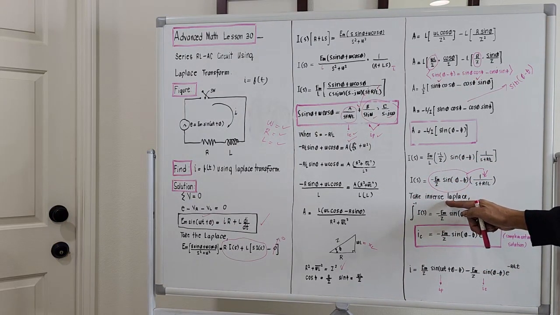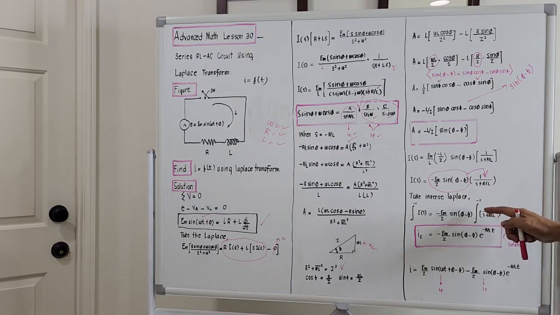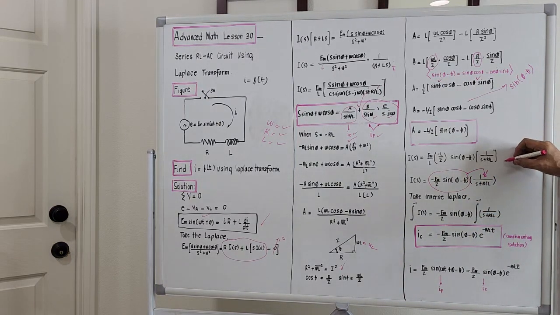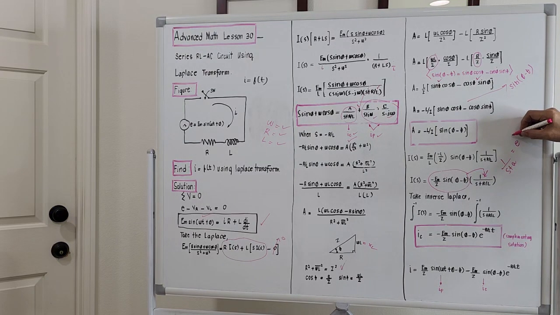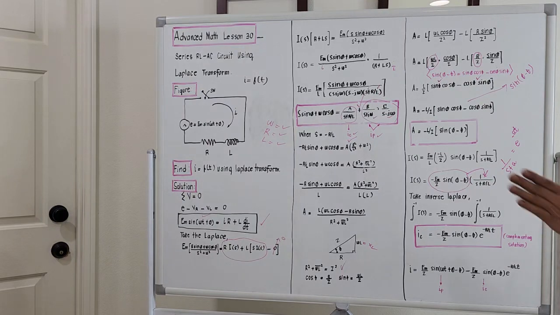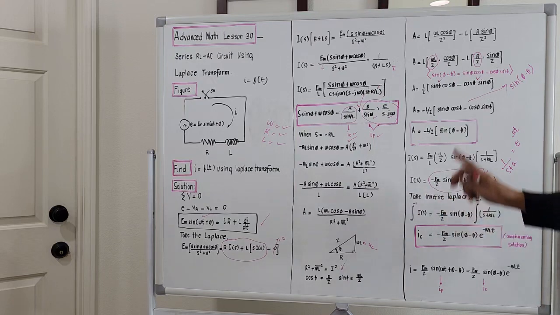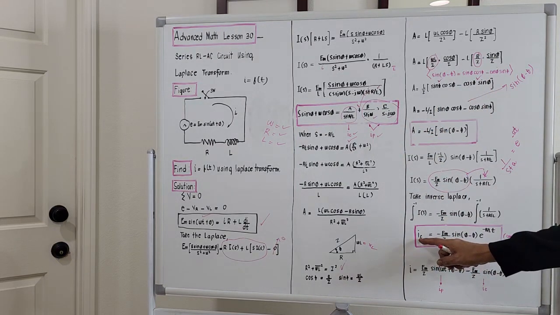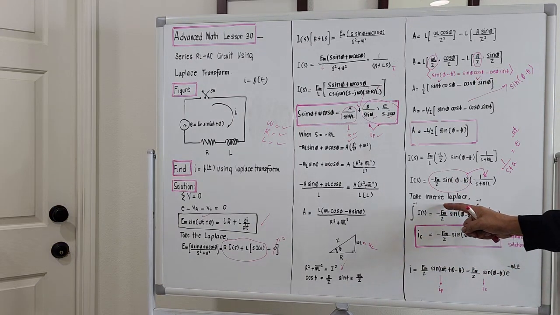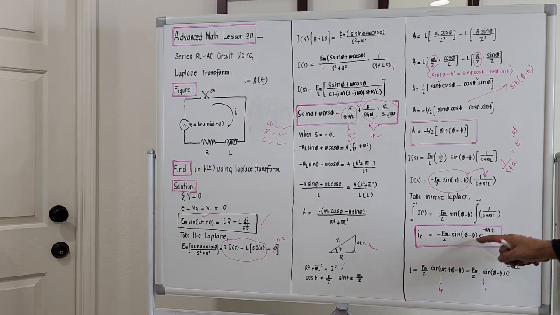Negative E sub m over Z, sine of angle P minus theta, the inverse Laplace transform of 1 over S plus R over L. And this is similar to 1 over S plus A. And the last time around, we solved that this is E raised to negative A t, right? So the inverse Laplace transform of capital letter I as a function of S, considering for the meantime the complementary solution, equals negative E sub m over Z, sine of angle P minus theta.